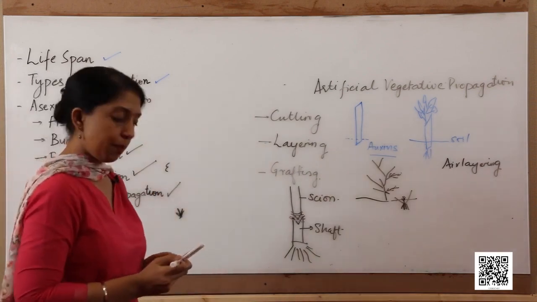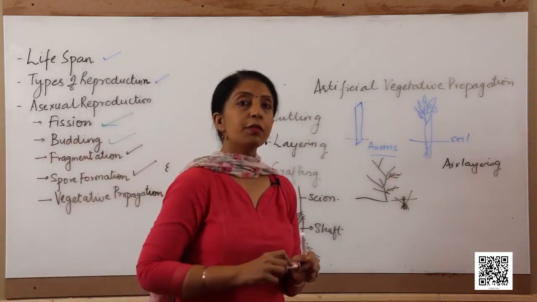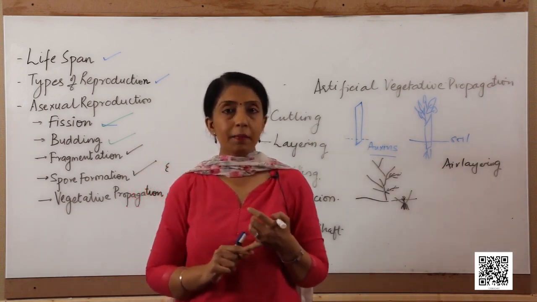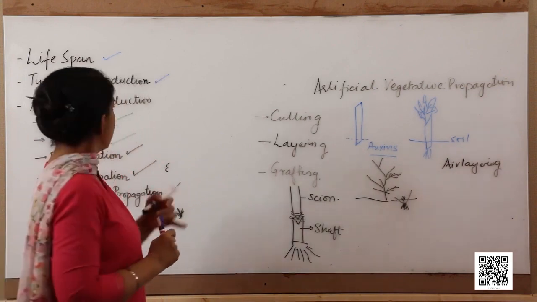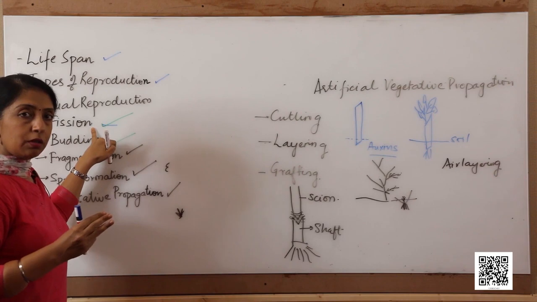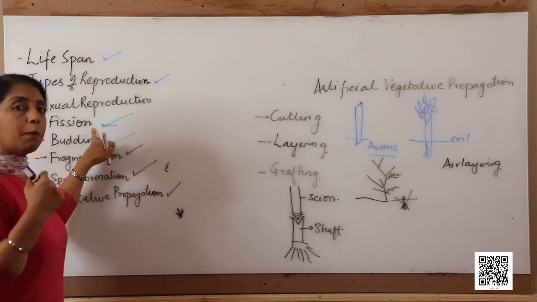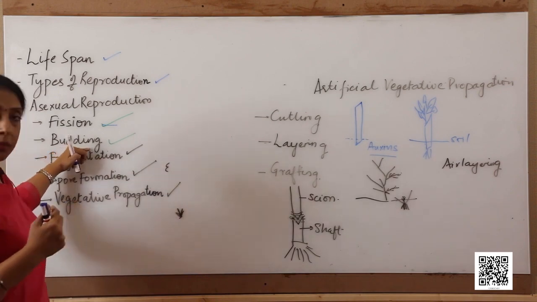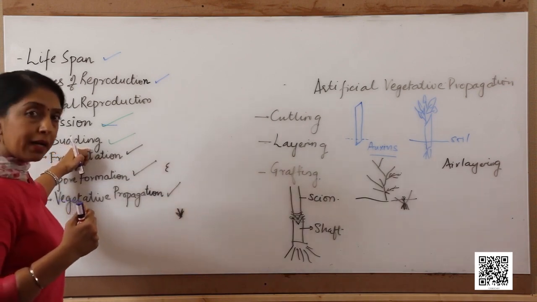So a quick recap of the various methods of asexual reproduction that we did today. We started off with fission. We discussed 3 types of fission: binary fission, multiple fission and plasmotomy. Then the second method that we took up was budding.